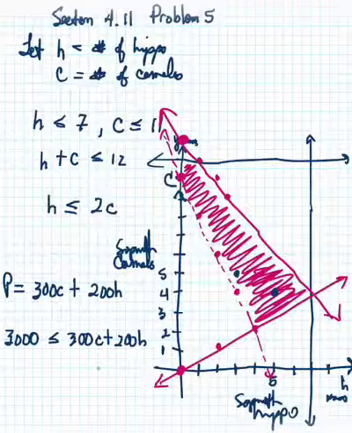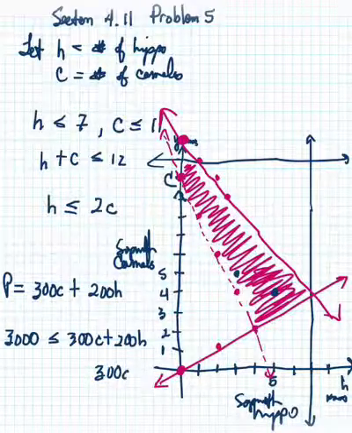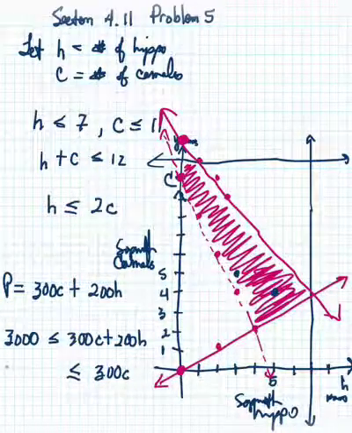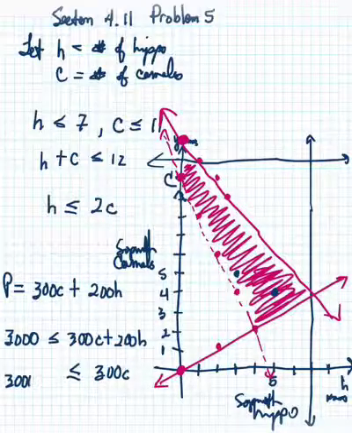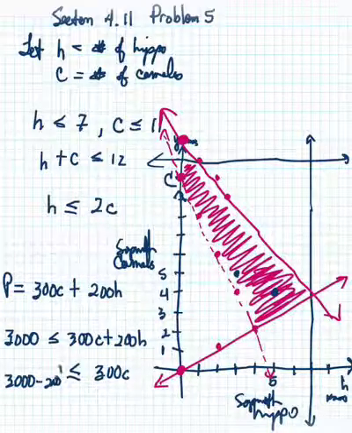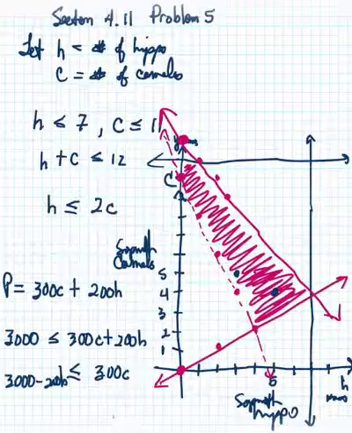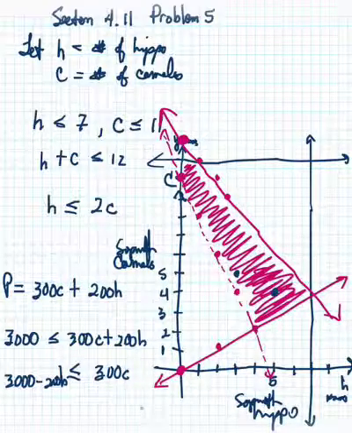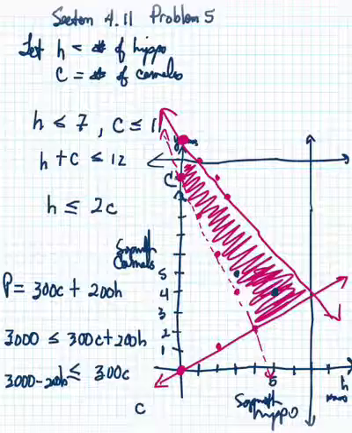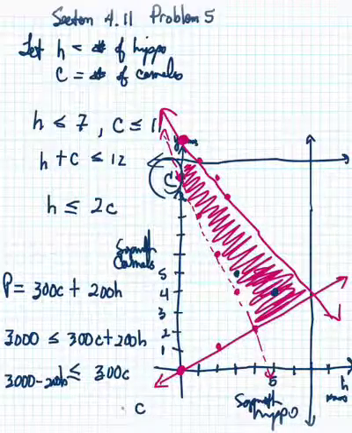Solving this for C, we'll get 300C is greater than or equal to 3,000 minus 200H, right? And then divide everything by 300. I'm solving for C because C is the y-axis. It's really like I'm solving for y, right?